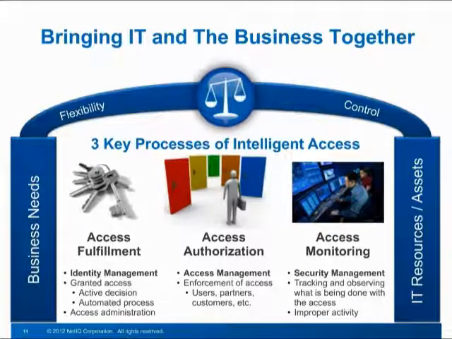The fulfillment is an identity management system that can automate the granting, revocation, and or change of access to specific applications. Access management systems enforce the access of the specific individual, the user, the partner, the customer, et cetera, and then monitoring is to understand the security trending and tracking, observing what these individuals are doing, looking for the improper activities, looking for the anomalous behaviors to feed back into access fulfillment.